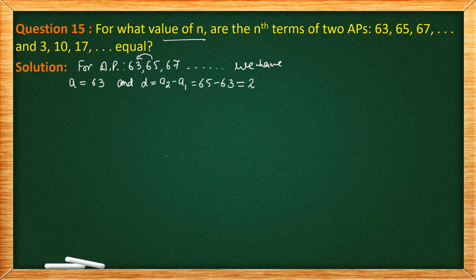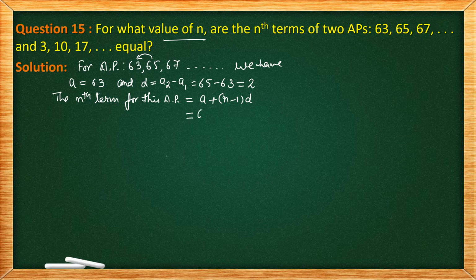Now the nth term for this AP is equal to A plus n minus 1 into D. Now we will substitute the values of A and D here.